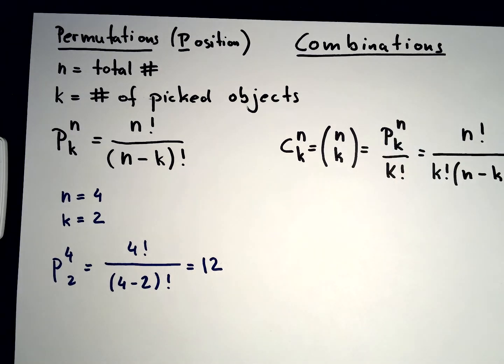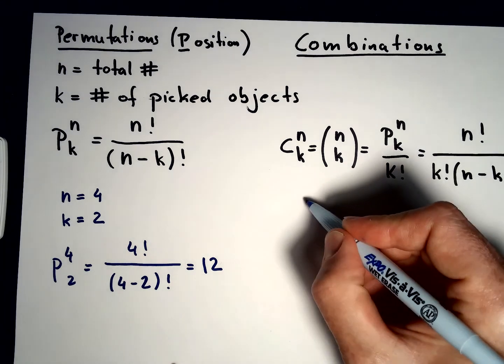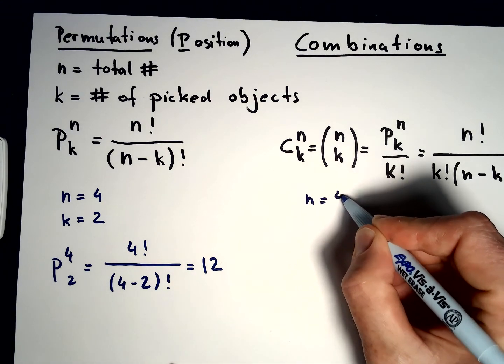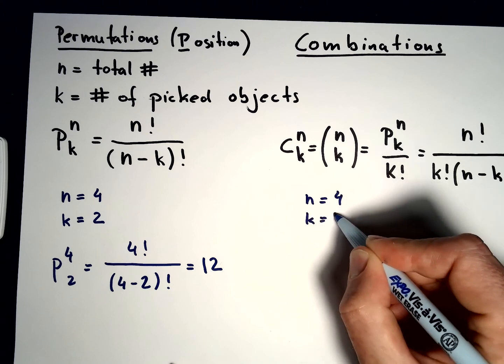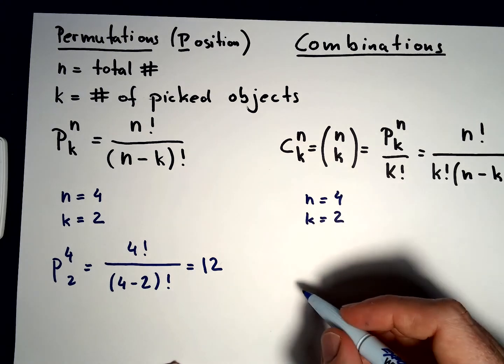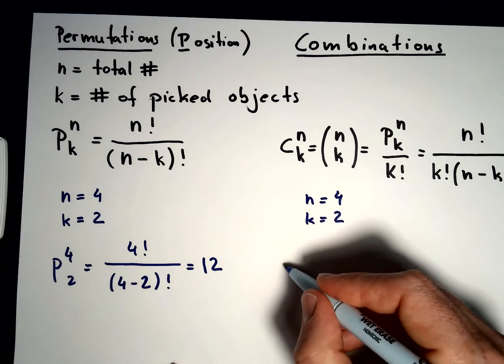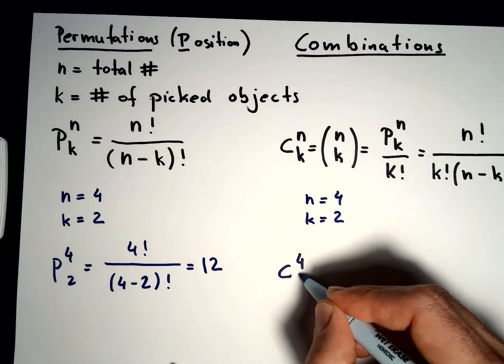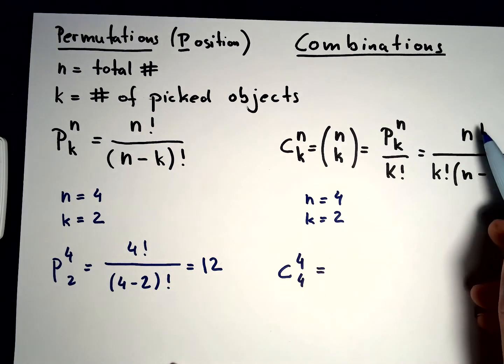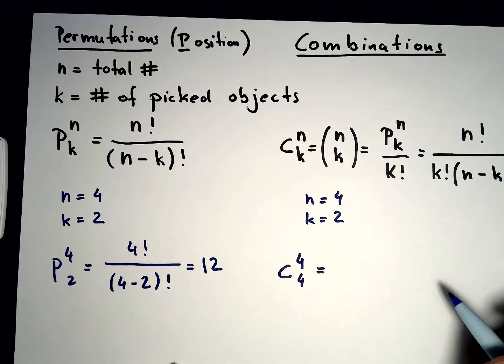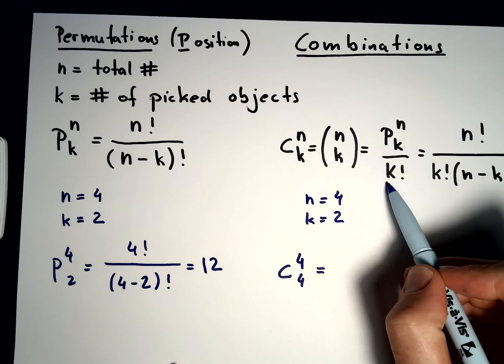With combinations, the ordering does not matter. Again, green and red is the same as red and green. For combinations, assume again that we have n being 4 and k equal to 2. Then the equation that we have to use is similar to the permutations, but we have to divide by k factorial.